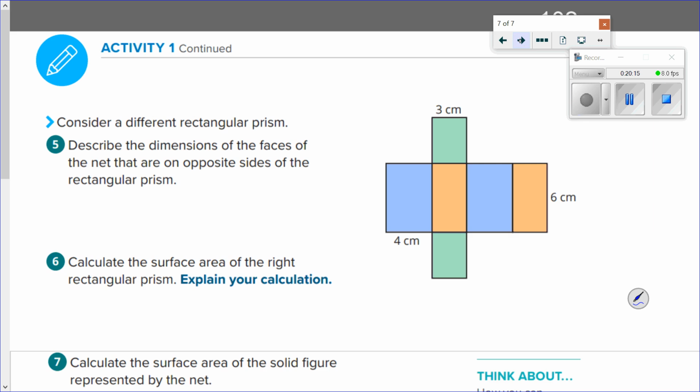Unfortunately, we don't have much time left, so I'm going to walk through this one with you guys. If I were to look at this, how would I describe the dimensions of the faces on the net that are on opposite sides? In other words, how does this side relate to the other side?